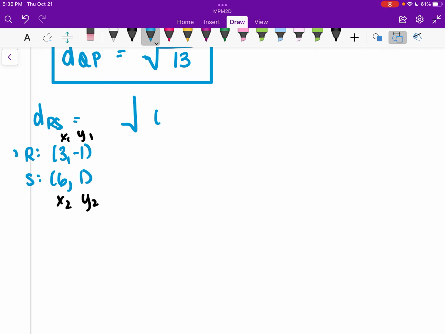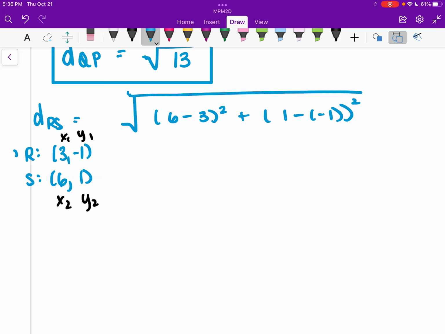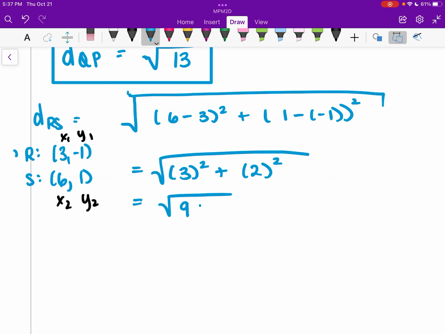So this is going to be x2 minus x1 squared plus y2 minus y1 squared. Then I'm left with 6 minus 3, which is going to be 3 squared, plus 1 minus negative 1, which is going to be 2. I'm just going to do my math. 9 plus 4 equals square root 13. That means the distance between R and S is square root 13.